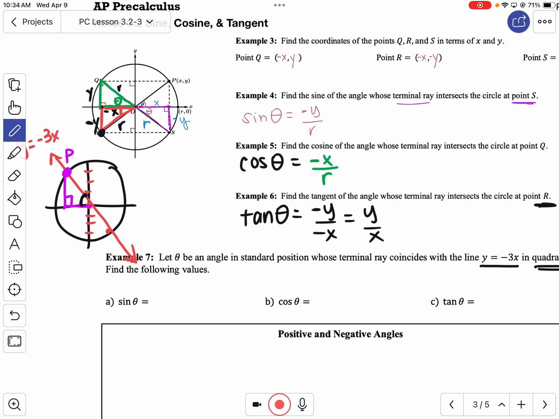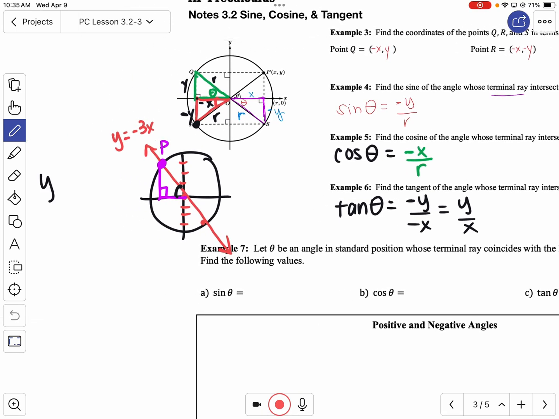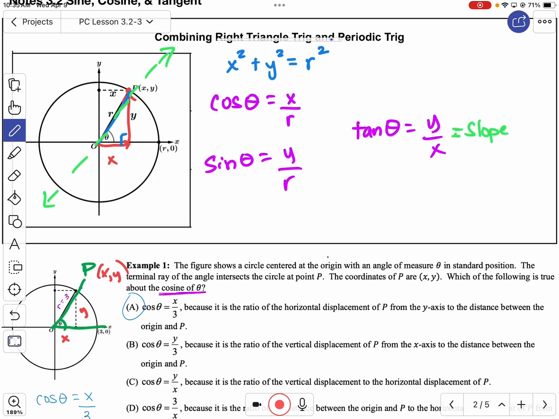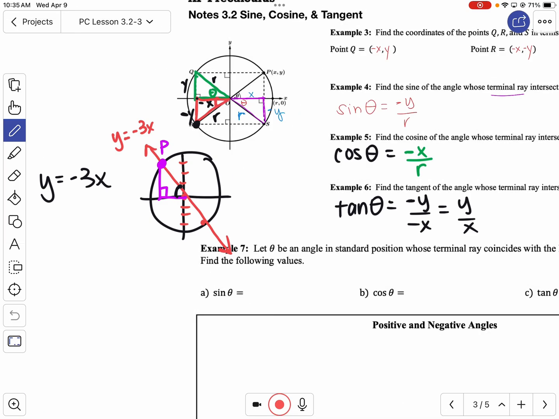Now, what makes this one tricky is that they gave me a line. But that line's important because if I look at that equation, y equals negative 3x, we said earlier that tangent is also what? It's the slope. Tangent is the slope, so the slope of that line is my y over x. The slope is negative 3, so negative 3 equals y over x.